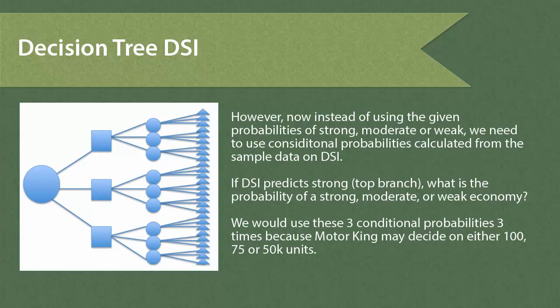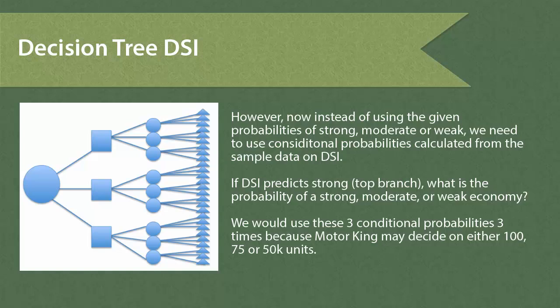What we need is the probability of strong given, or conditional upon, DSI predicting strong. So the three main branches reflect DSI either predicting strong, predicting moderate, or predicting weak.